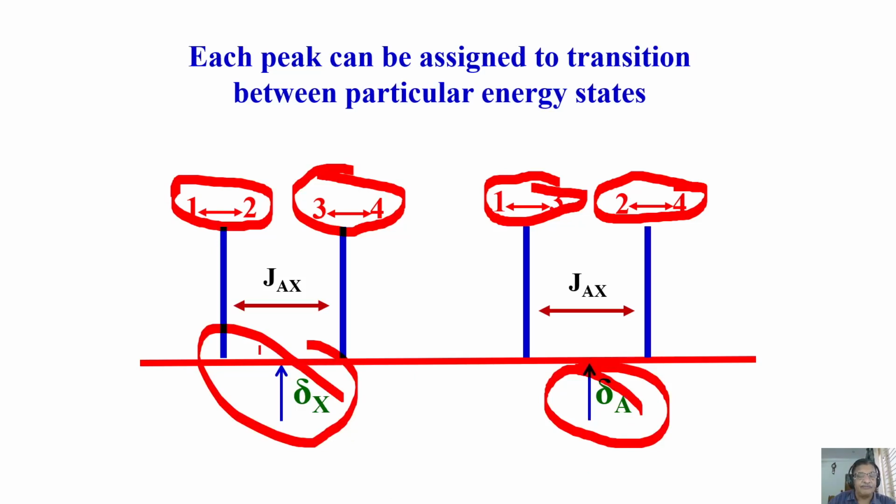Do not forget this. You understand how we got the doublets in a two coupled spin system for each spin.